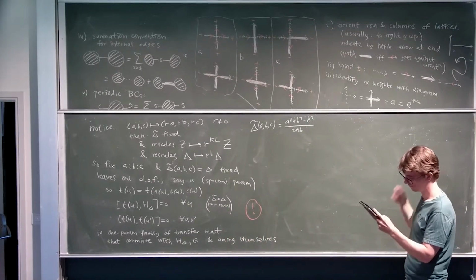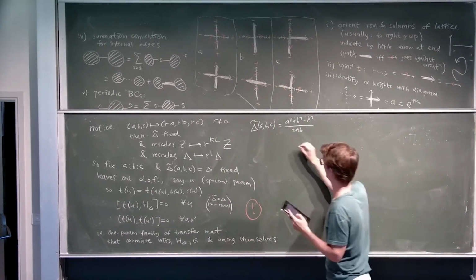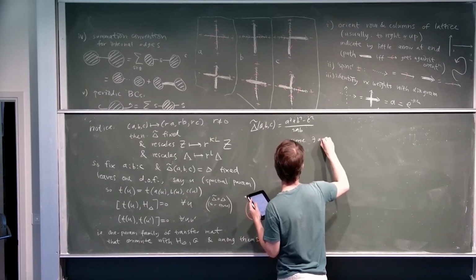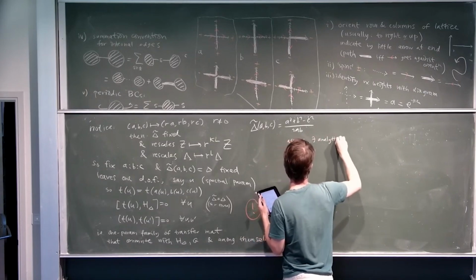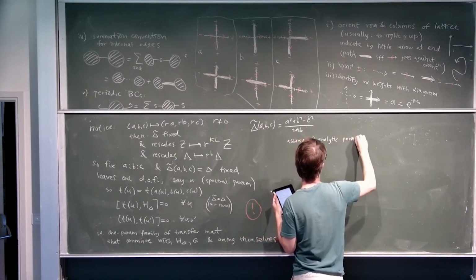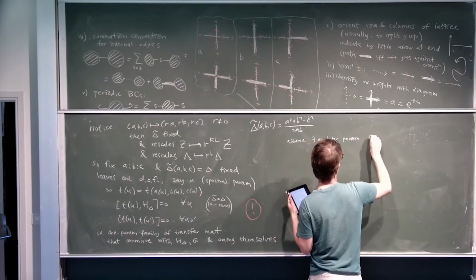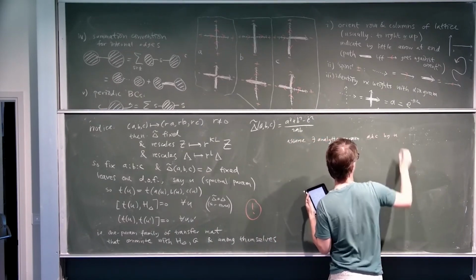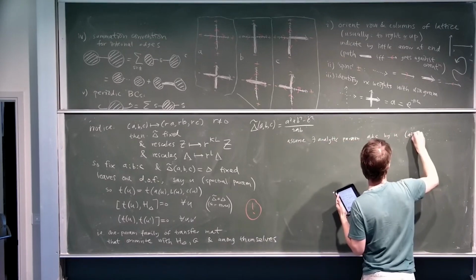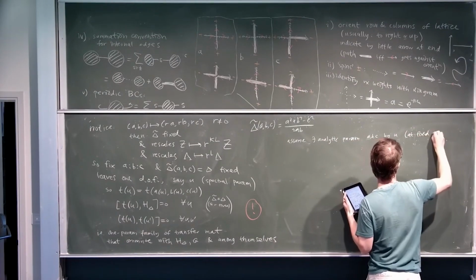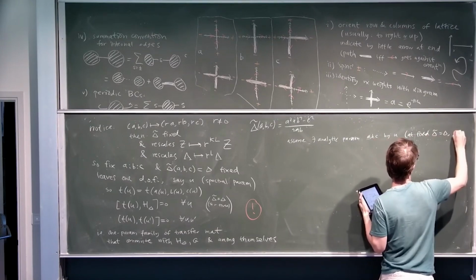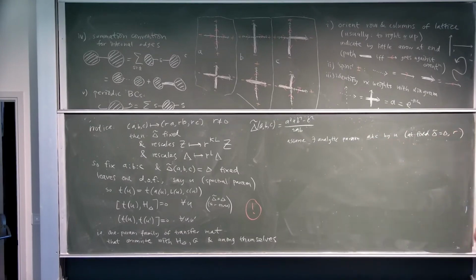Okay, so let's assume there exists some analytic parameterization of A, B, C by U at fixed delta tilde equal to delta and some fixed scaling that we don't care about.